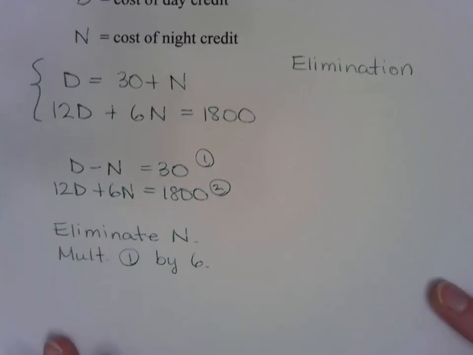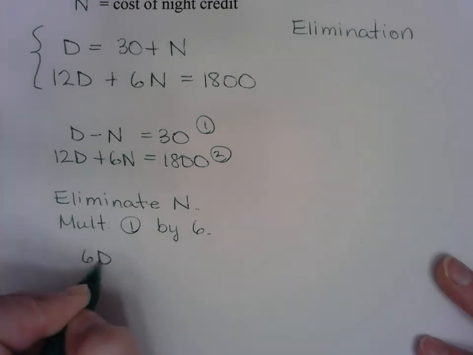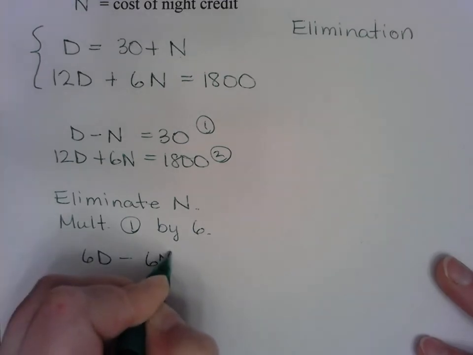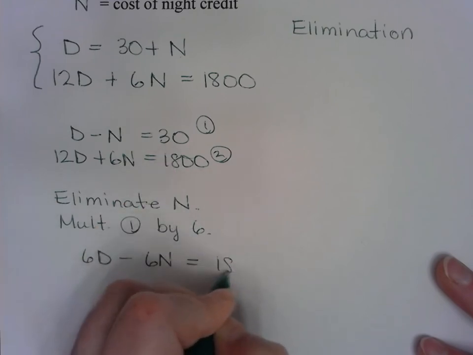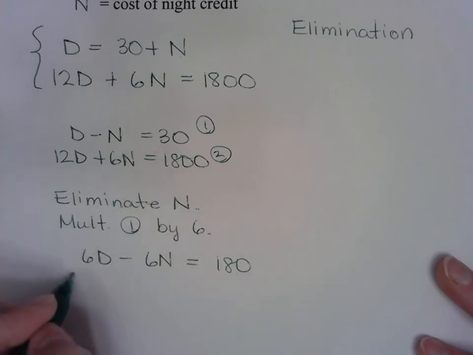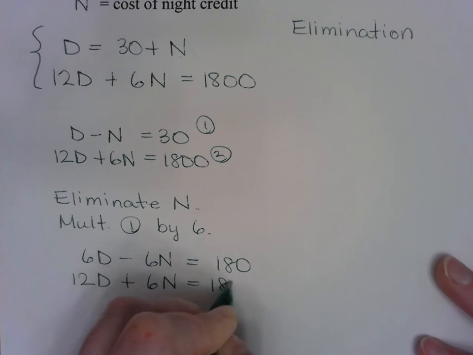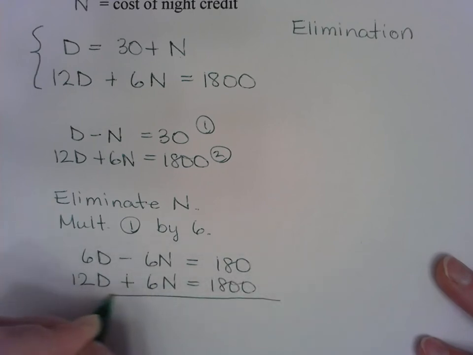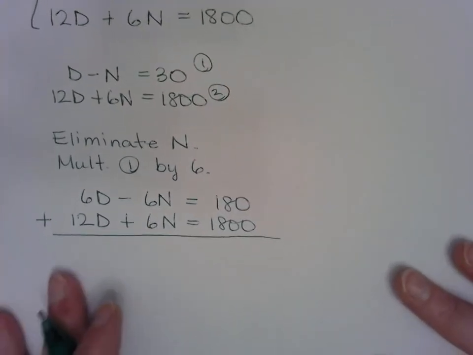Okay, so that's going to give me 6D minus 6N equals 6 times 30 would be 180. I already have 12D plus 6N equals 1,800. And so to eliminate N, I'm going to add them together.